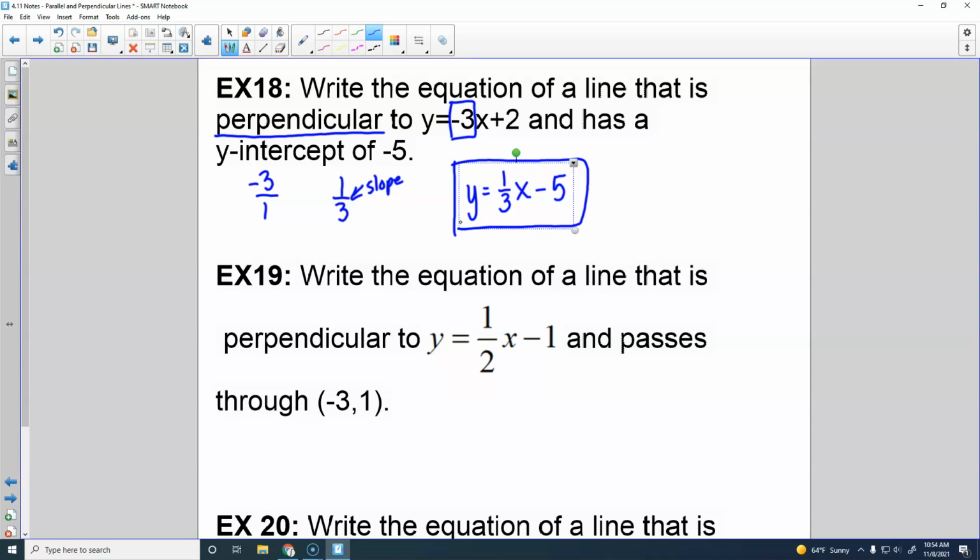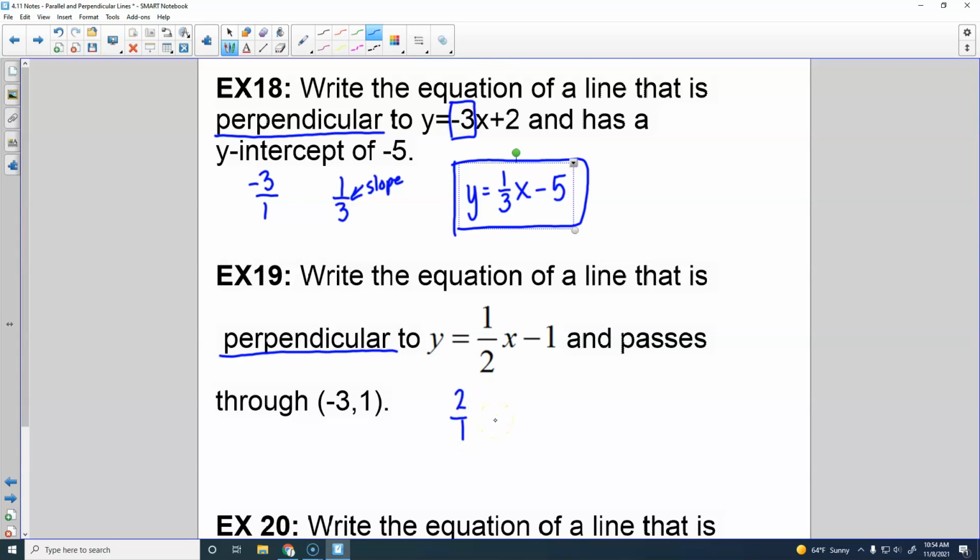Okay, for 19, we got to write the equation of a line that is perpendicular to y equals 1/2 x minus 1 and passes through -3, 1. So if it's perpendicular to 1/2 x minus 1, Vince, what's the slope going to be? Good.